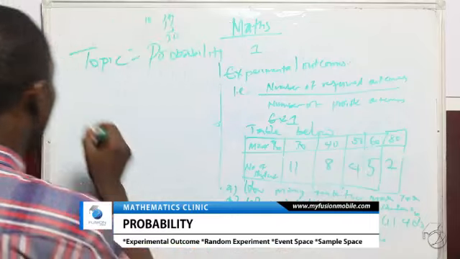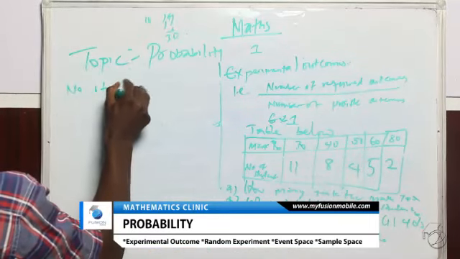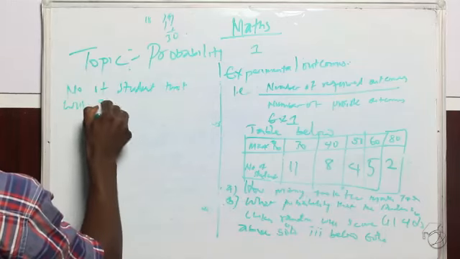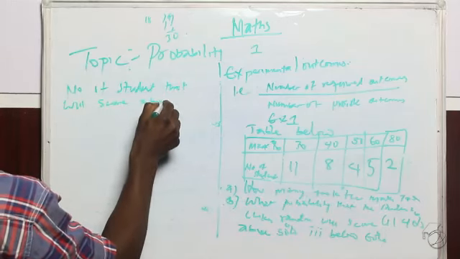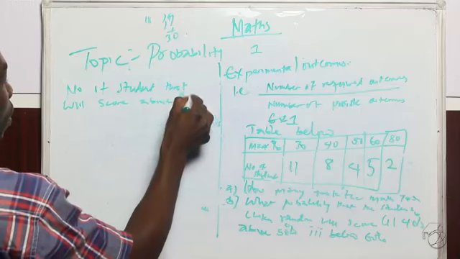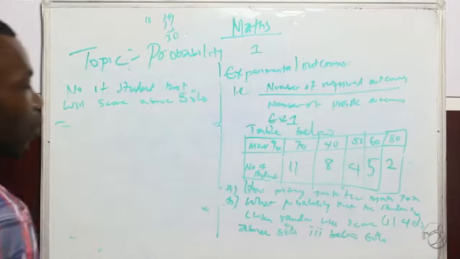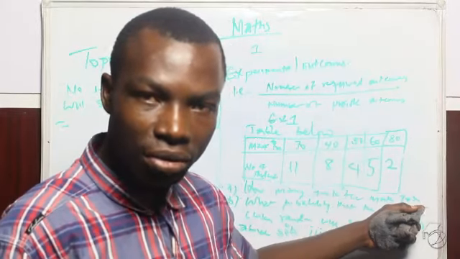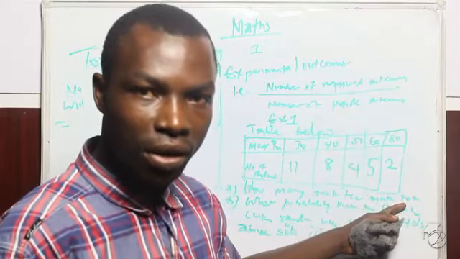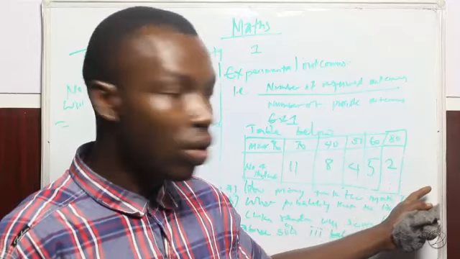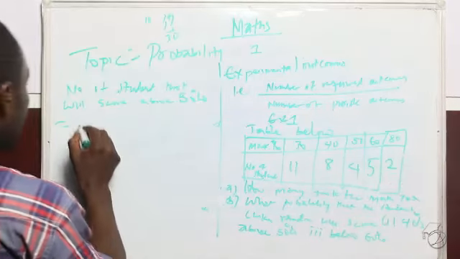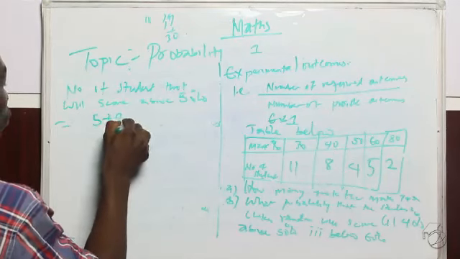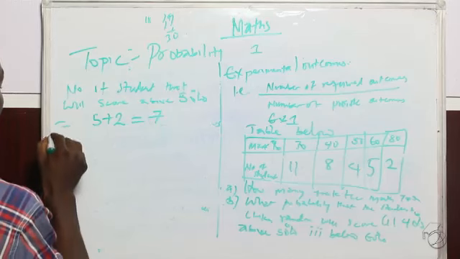The number of students that will score above 50% is equal to, look at our table, 5 and 2. 5 students score 60%, 2 students score 80%. Therefore, the number of students that will score above 50% are 5 plus 2, which is equal to 7.